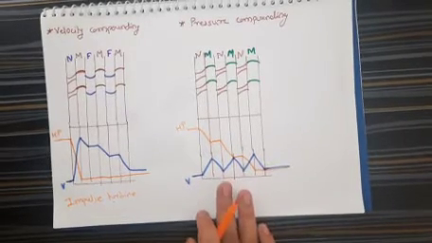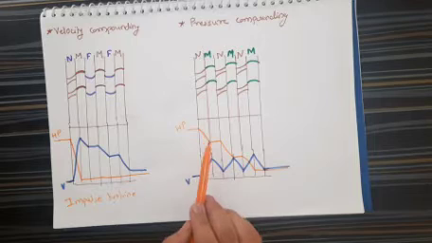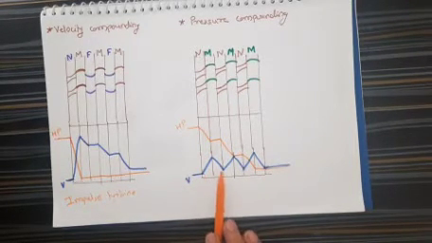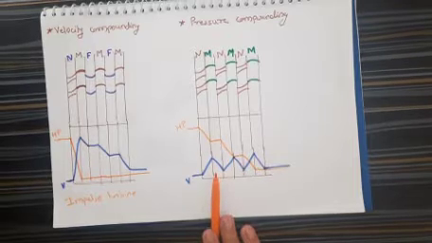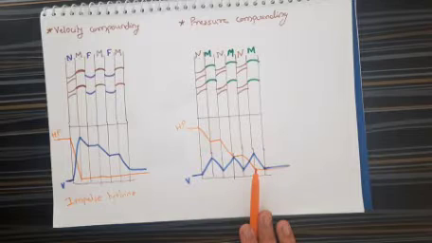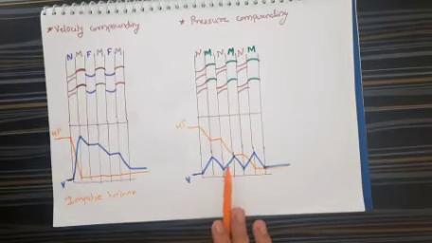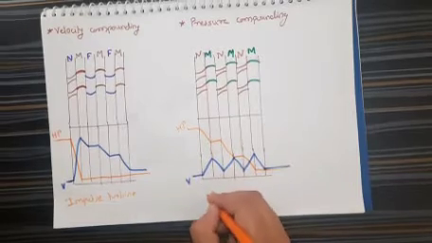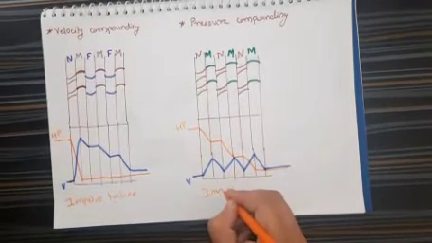So again you can see here we are allowing the pressure to drop in stages, and the kinetic energy drops in each moving blade ring, while it increases in each nozzle ring. So this is the pressure compounding for an impulse turbine.